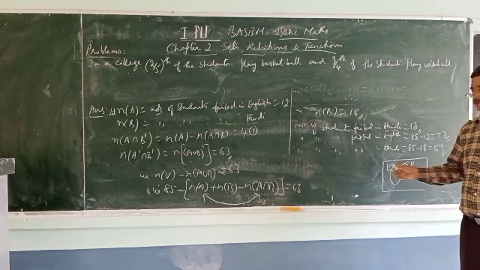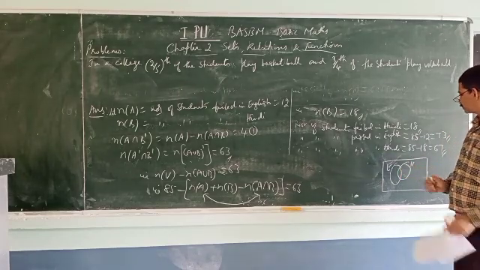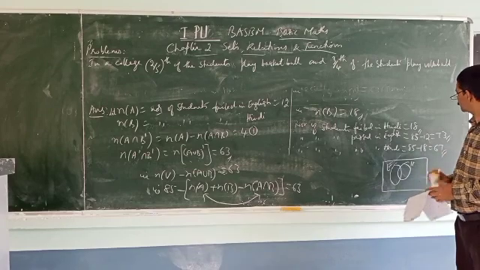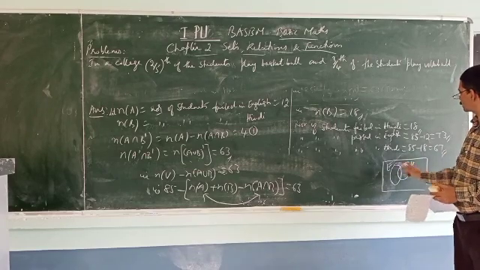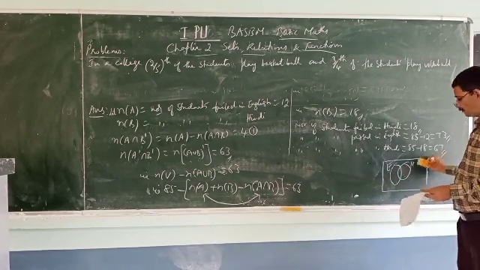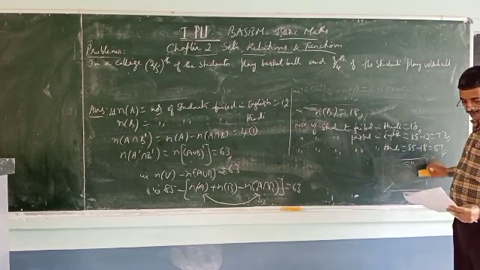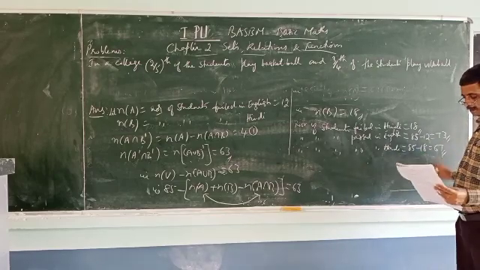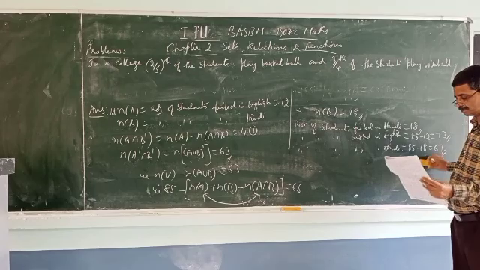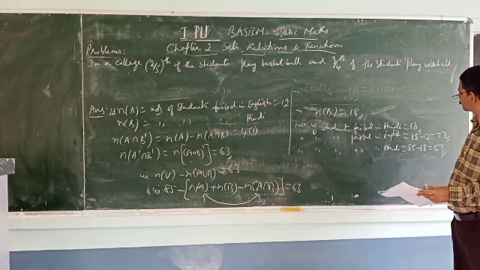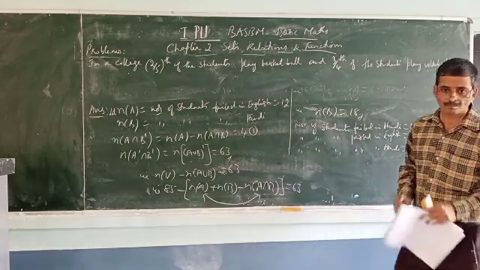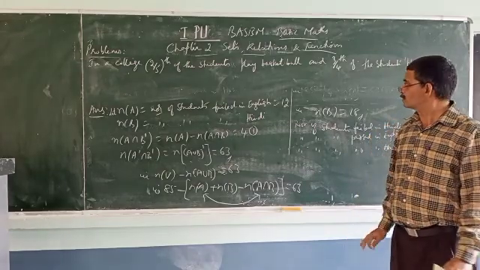Okay. And the diagram. So how many passed in common? You try to give the Venn diagram for the previous one. Or you can do it the other way also, both are correct.